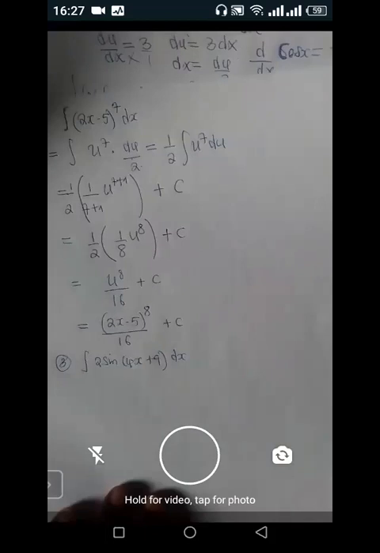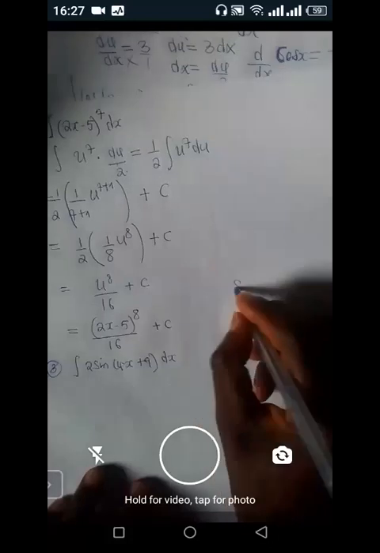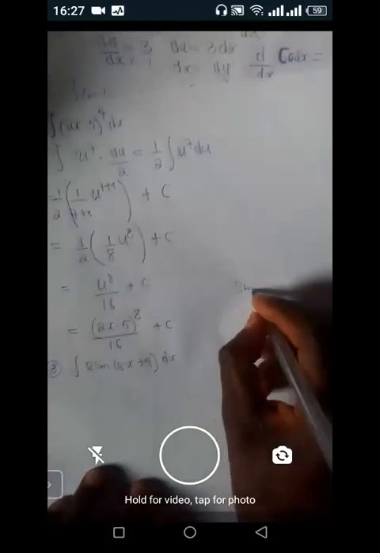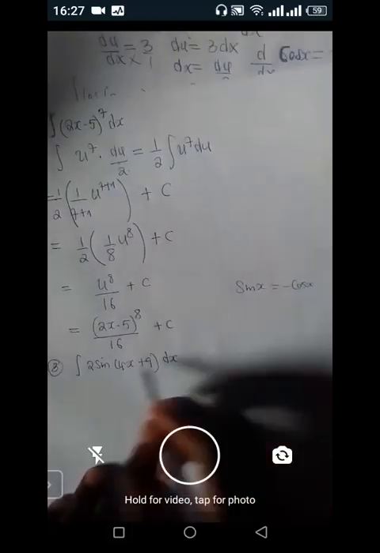So guys, here you cannot go direct like you have sine x, and then you go direct to say this one is equal to minus cos x. But here, sine 4x plus 9 is not equal to minus sine 4x plus 9 or minus cos.